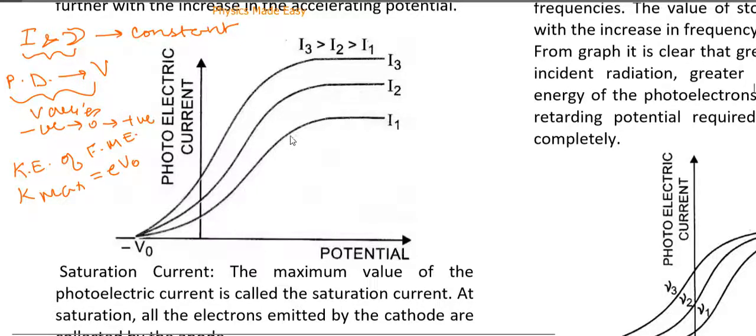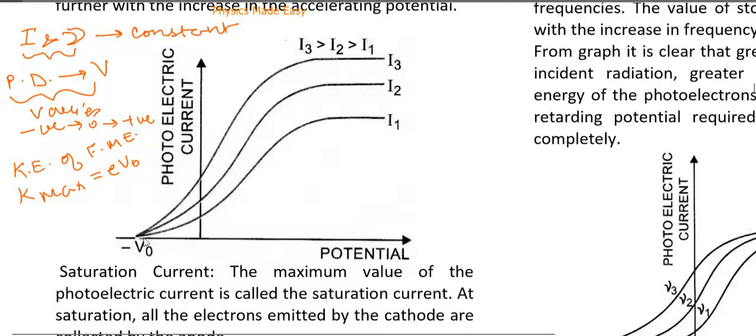At a particular value of potential, all of the electrons emitted will reach the anode and photocurrent will saturate. Saturate means if we further increase the value of potential, then photocurrent will not increase.